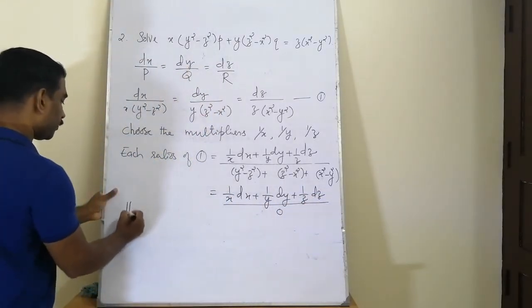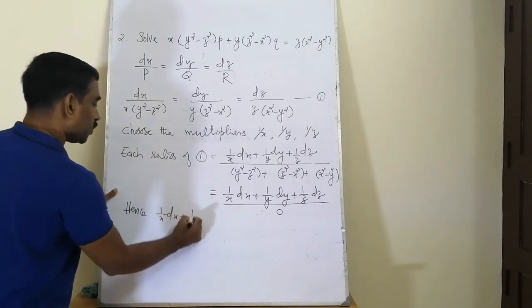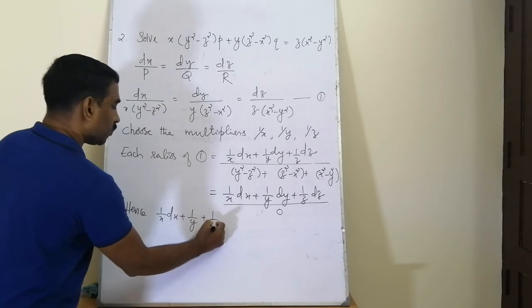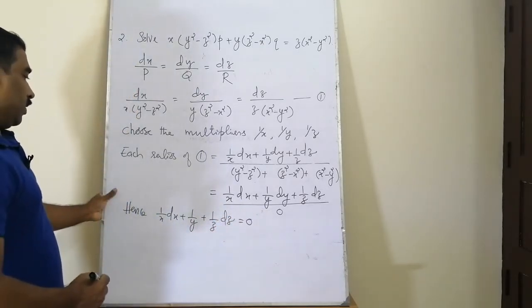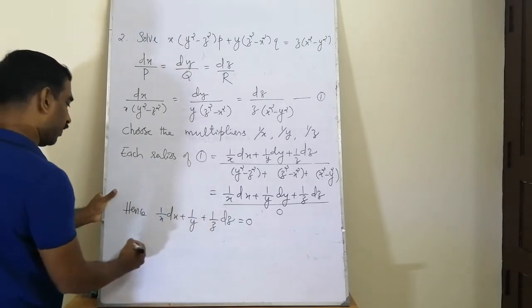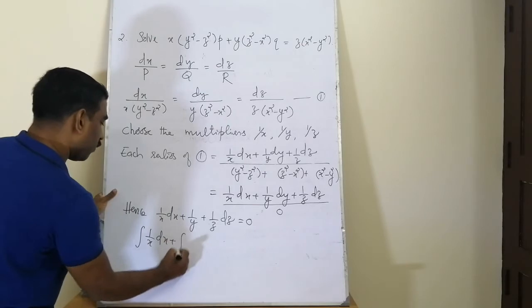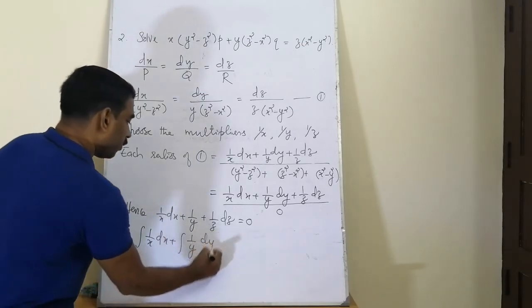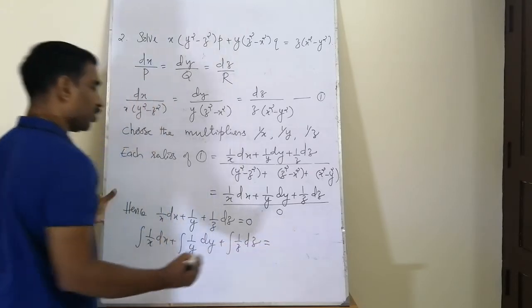Hence the numerator (1/x)dx + (1/y)dy + (1/z)dz is also 0. Integrable format, again integrating we get ∫(1/x)dx + ∫(1/y)dy + ∫(1/z)dz = some constant.